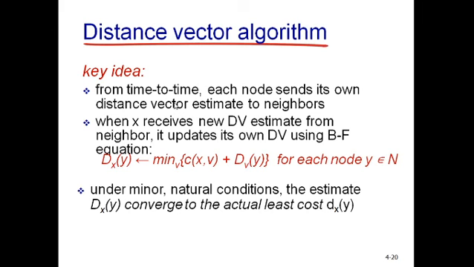And once you are done with that and you find any change in the cost to the destination at your node, then you need to share that information with your neighbors as well. So under minor natural conditions, the estimate dxy converges to the actual least cost dxy.